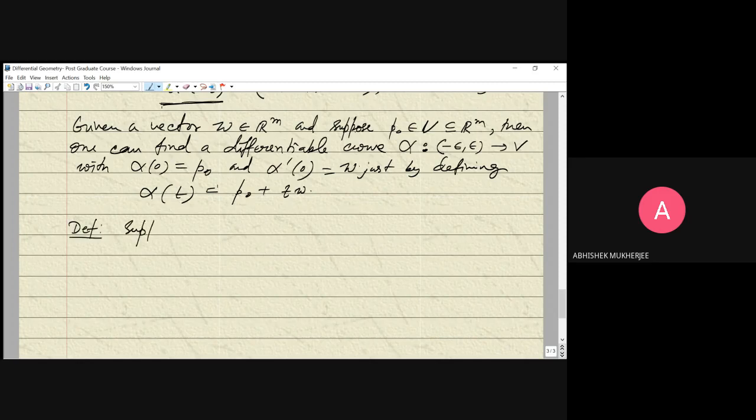Suppose F is a map from V, a subset of Rn, to Rm, a differentiable map.